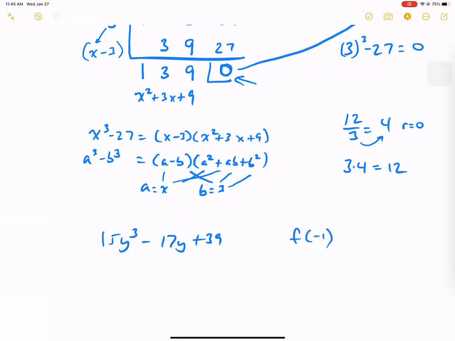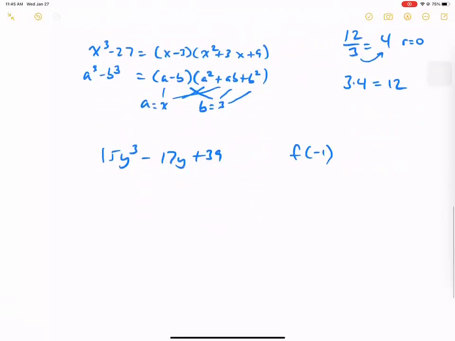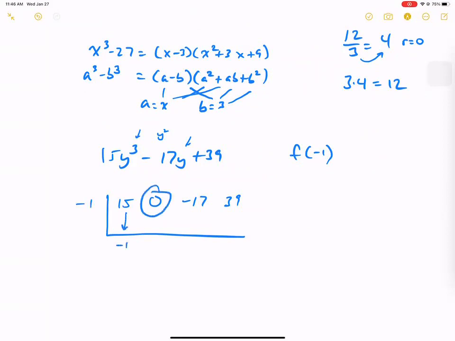We could have done that without synthetic division, but let's go ahead and practice. Now be careful. I see y cubed. I see y. I'm missing a y squared. So we have to write 15, put a placeholder 0, -17, and a positive 39. Our value we're going to plug in is -1. We just have to be careful we don't miss out on our placeholders.